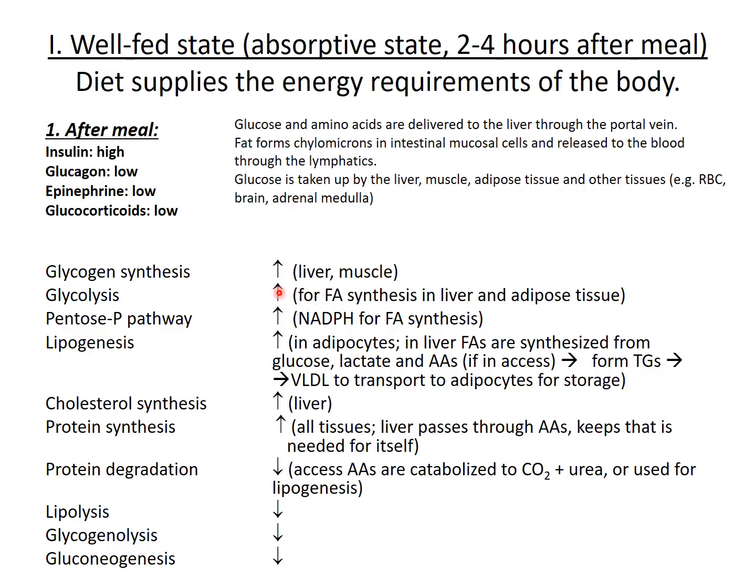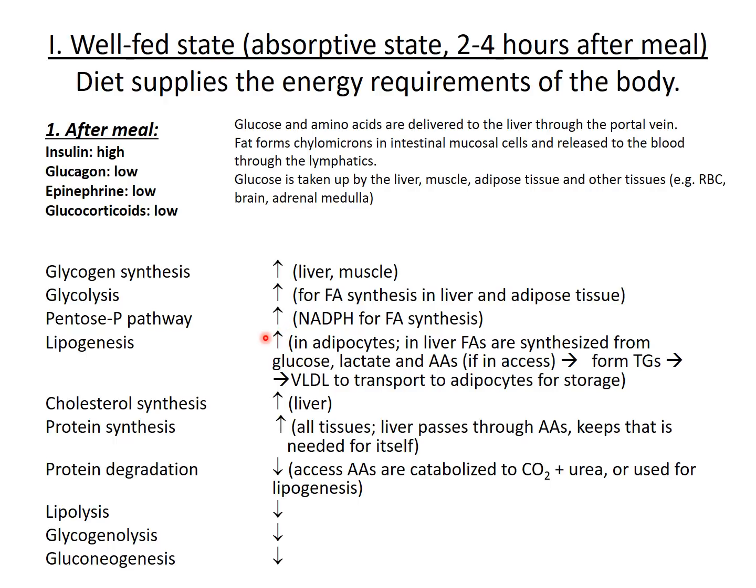Glycolysis will run, especially in the liver and adipose tissue, to store away fat, to produce triglycerides, and store it away. Pentose phosphate pathway is running to aid the fatty acid synthetic process.